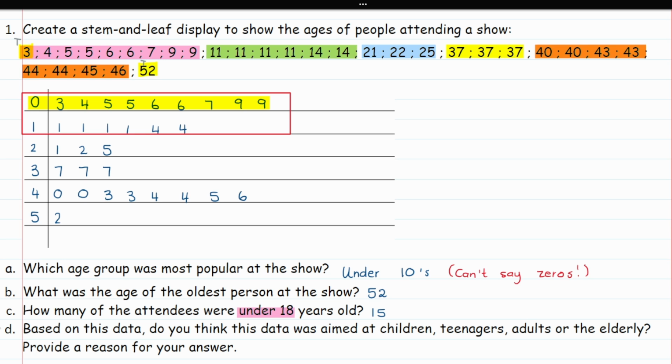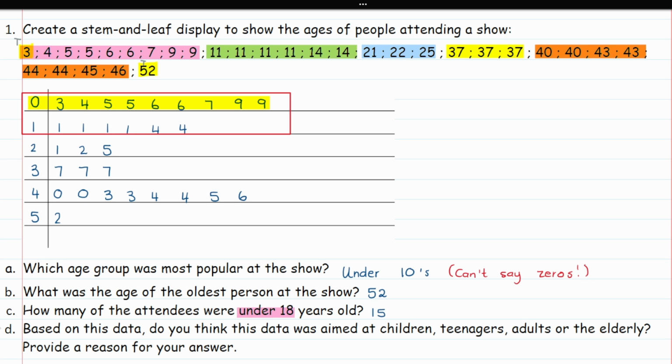However, surely children shouldn't be taken to see an adult show. Therefore, it makes more sense that adults would be accompanying children to a children's show. There also isn't a lot of data showing that there were teenagers at the show, and there weren't really any elderly people at the show. Therefore, we can conclude that the most likely answer here is children.